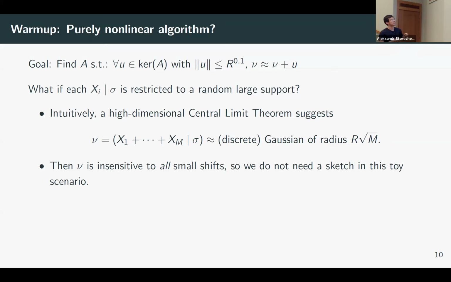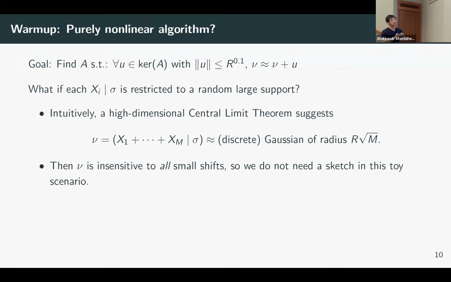This is true because if the streaming algorithm does random updates, then conditional on the memory states, this xi, the conditional distribution is going to be basically the discrete Gaussian restricted to some random large support. Now, intuitively, if we believe the high-dimensional central limit theorem holds for such distributions, which it does, then the sum of these distributions should be something close to a discrete Gaussian of a larger radius, r squared of m.